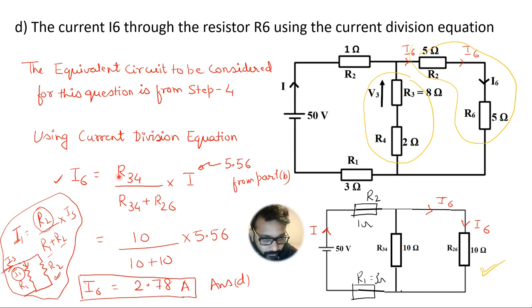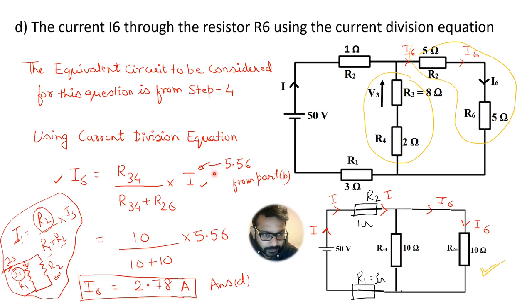So R34 divided by R34 plus R26, multiplied by the supply current I. The supply current we have already found to be 5.56, calculated in part B.